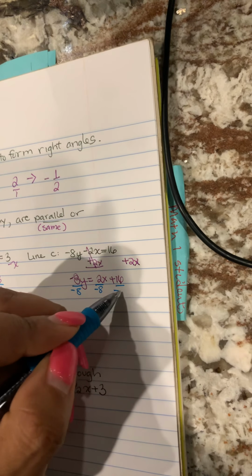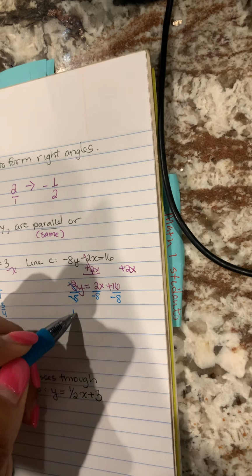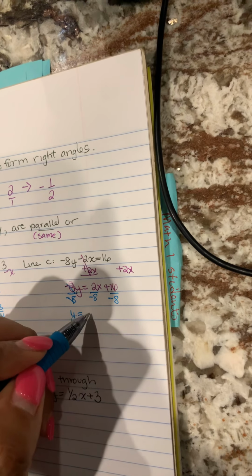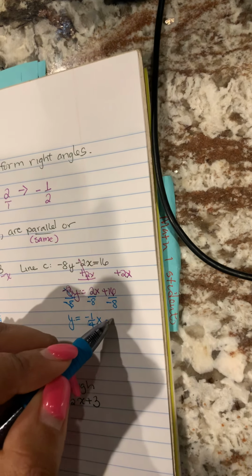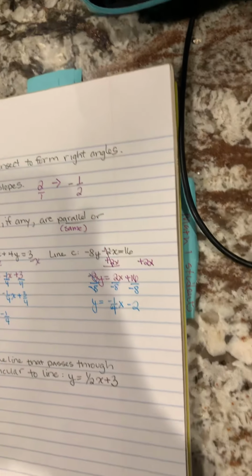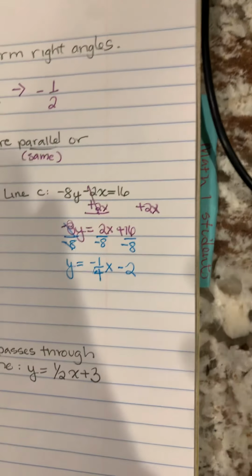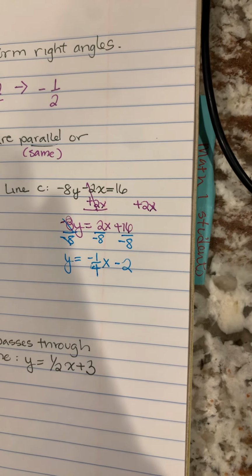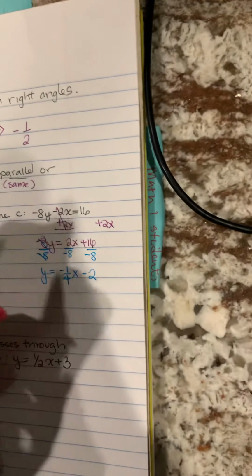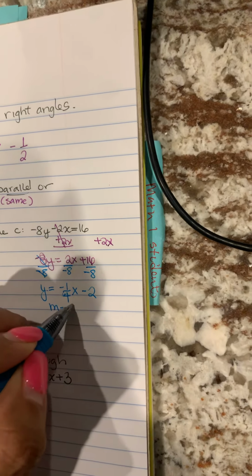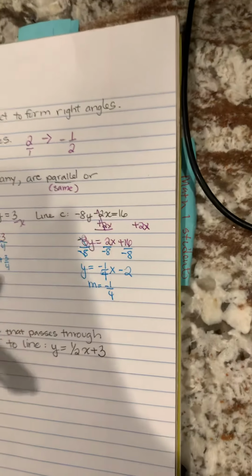Divide by negative 8. Y is equal to, simplify, negative 1/4 x minus 2. So now we have a slope of negative 1/4.